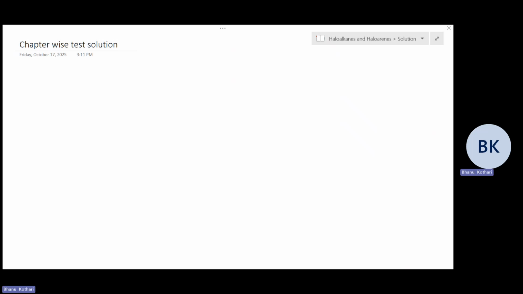Okay, so in the first question, what has been given to us is: which of the following is not expected to be an intermediate of the following reaction? So there's an SN1 reaction that is taking place.